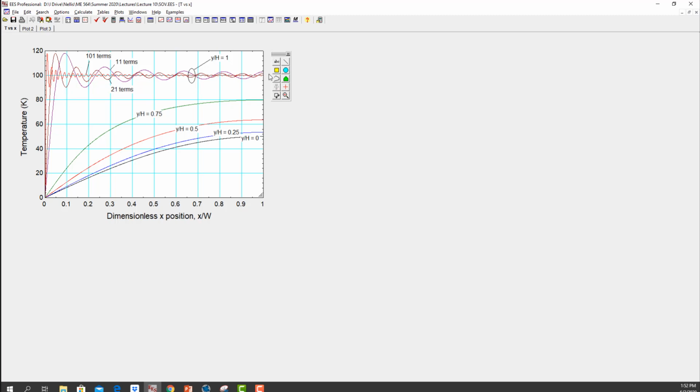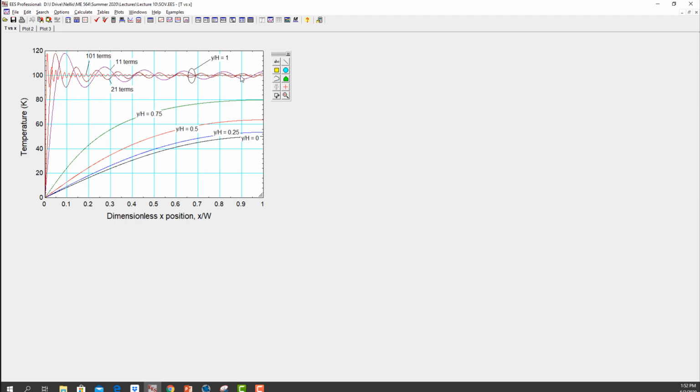But it's only so good that they can do, right? With 21 terms, they can do better. With 101 terms, they can start to do pretty well. But there's always this ringing. And actually, if you think about what we're doing here, we're actually taking the Fourier transform of that boundary condition. So this is just a Fourier transform of a step function that we're using there to represent that boundary condition.